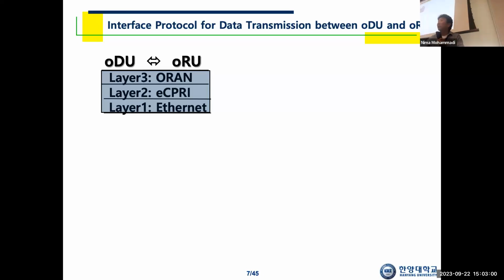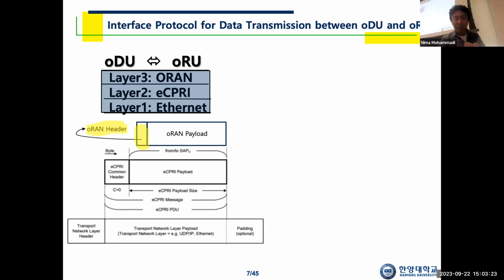You have the fronthaul implemented with a virtualized local area network, with Ethernet, okay? So the physical layer is Ethernet. And the transport layer is eCPRI, which I just explained in the previous page. And the application layer is ORAN.